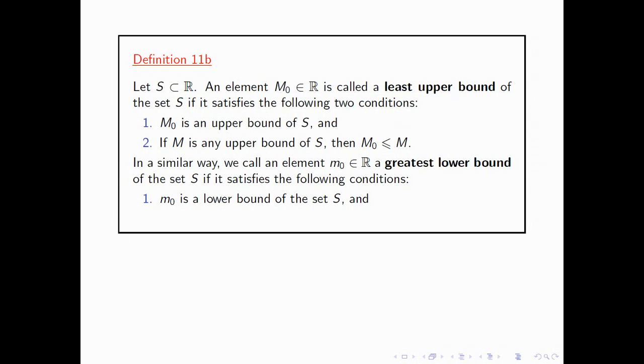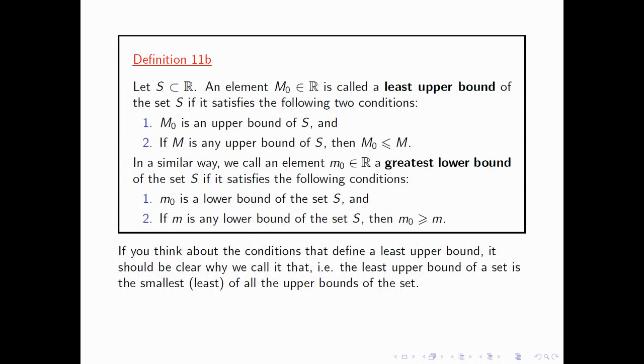M naught is a lower bound, and if M is any lower bound, then M naught must be greater than or equal to M. So you need to go and think about this carefully, because if you think about it, you will be able to see exactly why we call a least upper bound that name. It's the least of all the upper bounds.